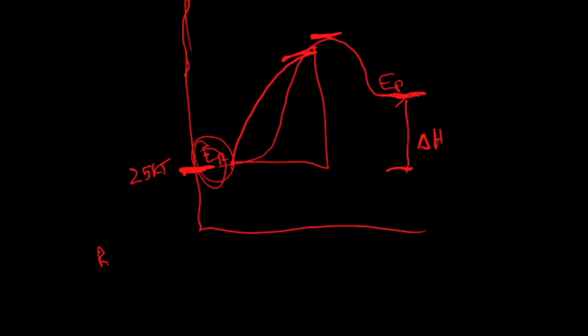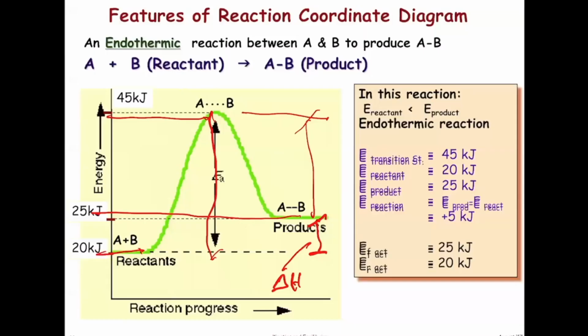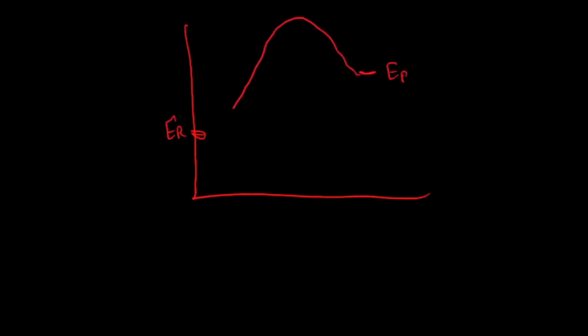Now, what happens if you add a catalyst? Well, when you add a catalyst, what actually occurs is the following. Let me draw this again. You actually change the path. This is the energy of the reactant, this is the energy of the product, and this is your diagram. When you add a catalyst, you cause that reaction to migrate to a different path.